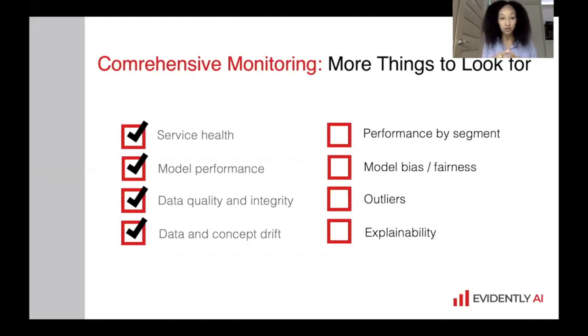So we need to make sure that for all the segments of our clients, the model actually works. And you need to be able to figure out the low performance segments to make sure you can somehow handle these groups of objects.